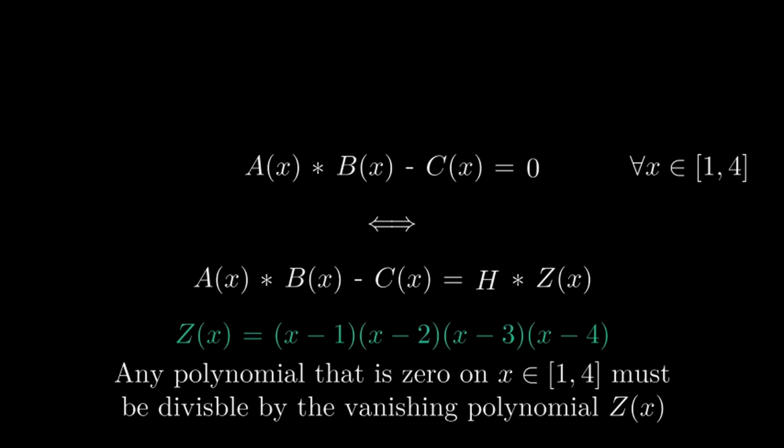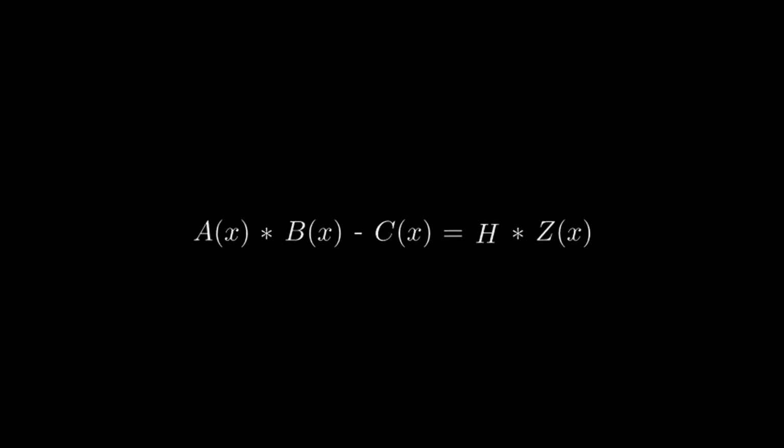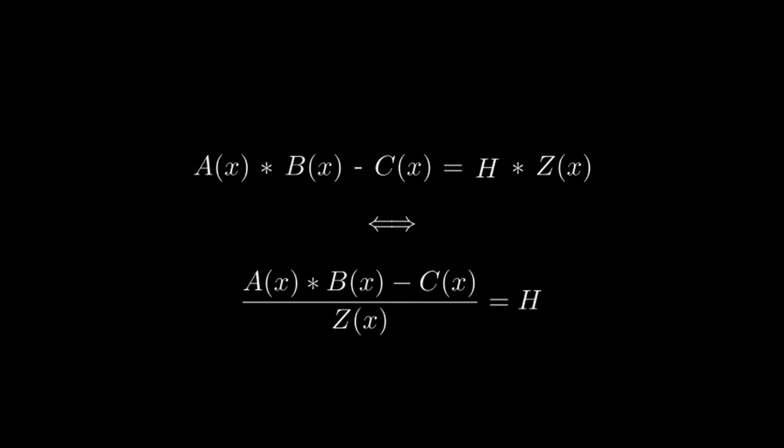So this h that's next to the z of x in this if and only if is just arbitrary. We're saying that it actually satisfies this equation. Because we know if the stuff on the left-hand side is 0 in those 4 points of our domain, then maths tells us that it must be divisible by the vanishing polynomial. And actually, this is the specific thing that we're going to want to check.